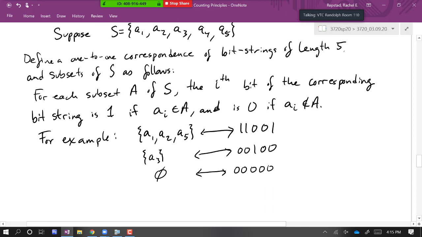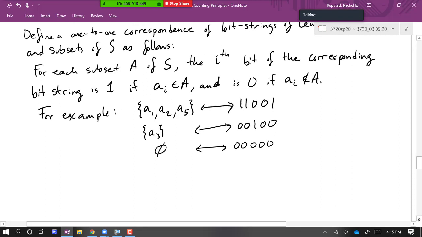So it's a pretty straightforward correspondence. Any element like A sub i of S is either in your subset or not in your subset, and that corresponds to that bit either being 1 or 0. So we have a one-to-one correspondence.